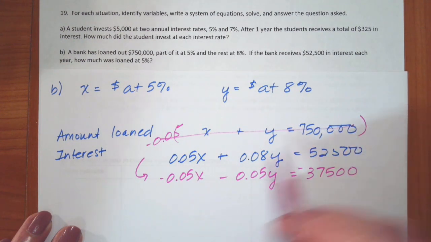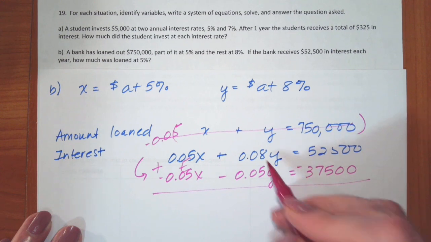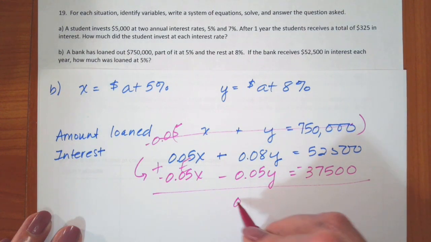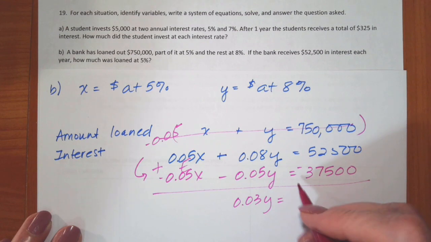Okay, so I'm done with that. So I'm just looking at these two equations, adding them together. This is eliminated, so 0.03y is equal to 15,000.